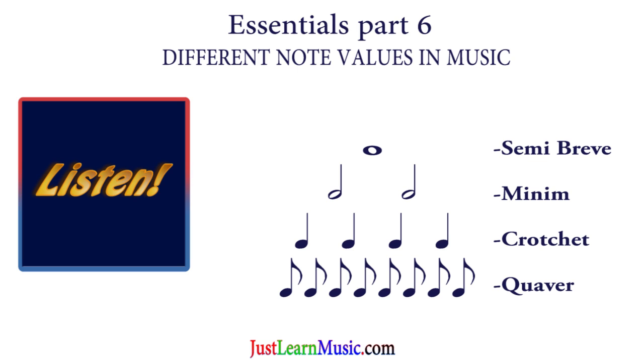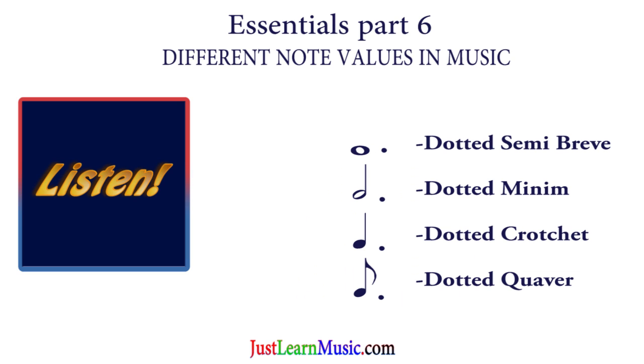There doesn't happen to be an in-between value or note shape to indicate maybe 3 counts. The musical system has developed a dotted system of notation. Simply, a dotted note adds a small dot next to the note on the right side.